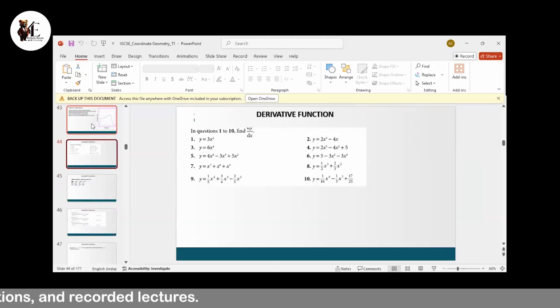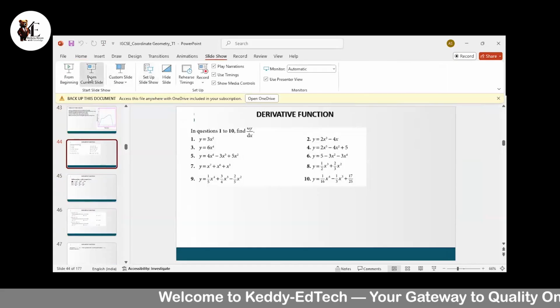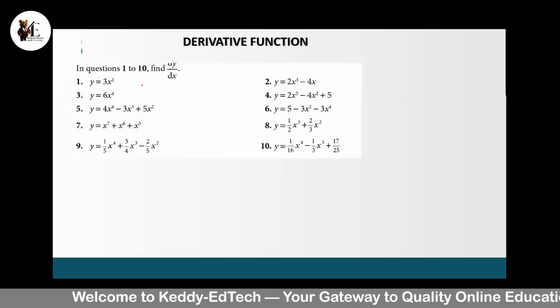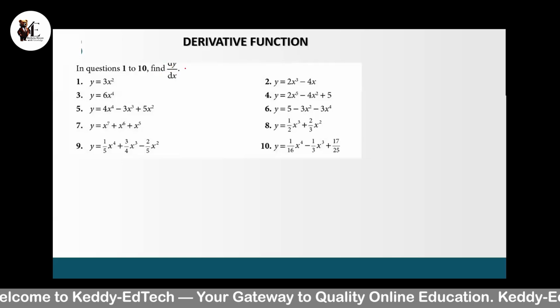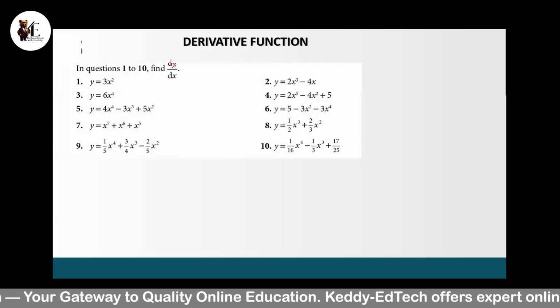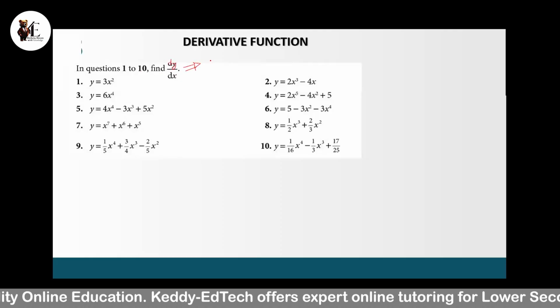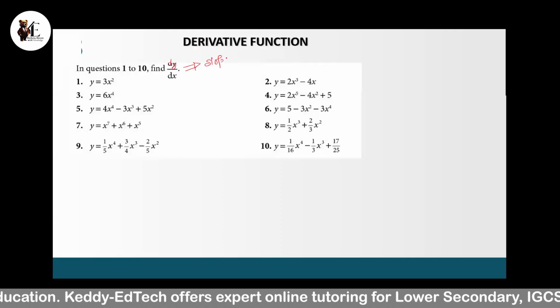Okay, so do you know how to do differentiation? Yes. So when we do differentiation, dy is written as dy over dx. This is also a way to calculate the slope of a line.